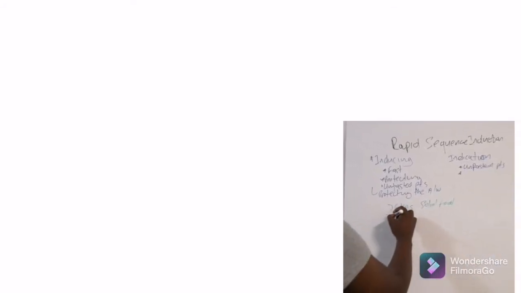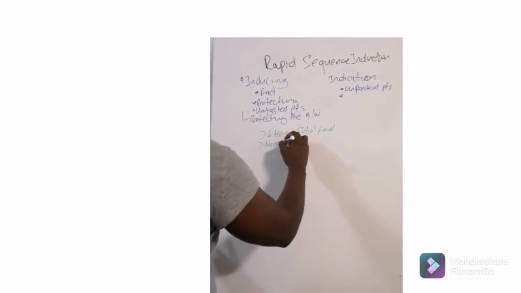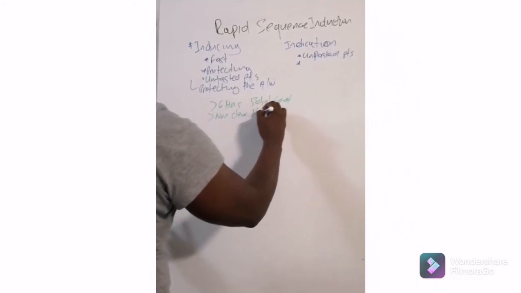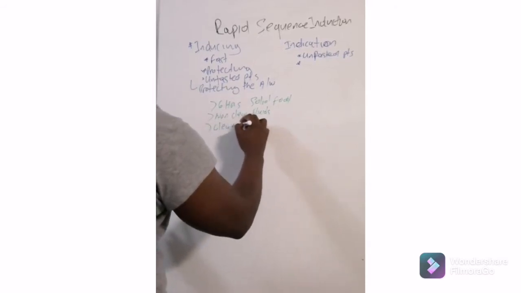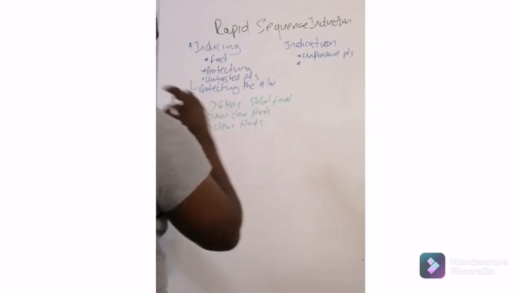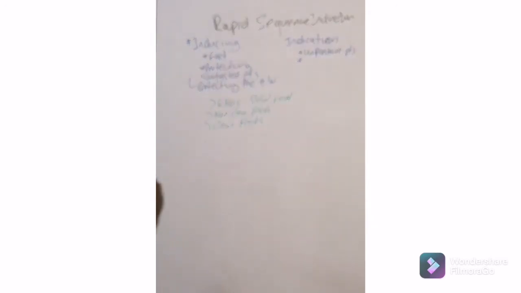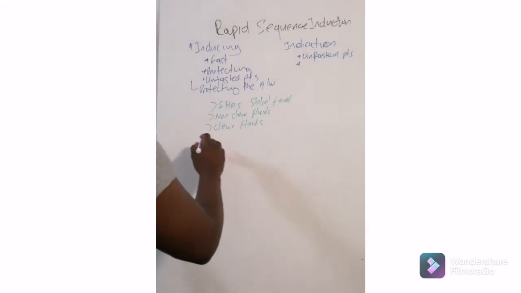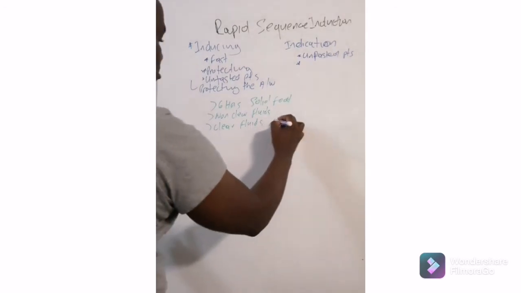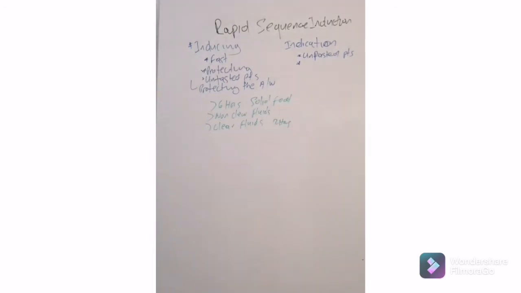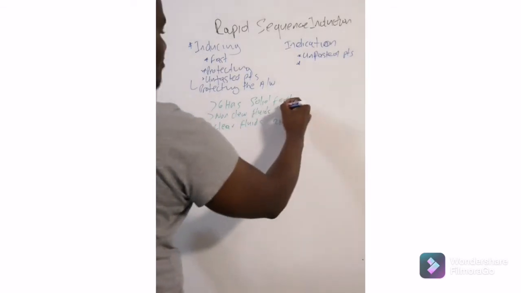That's solid food. And then when it comes to non-clear fluids and clear fluids, a patient can take clear fluids up to 2 hours before they go for their operation. So this is 2 hours. Non-clear fluids, I think it's 4 hours.